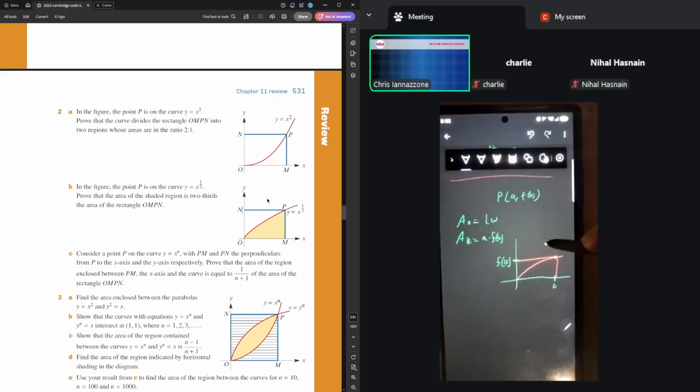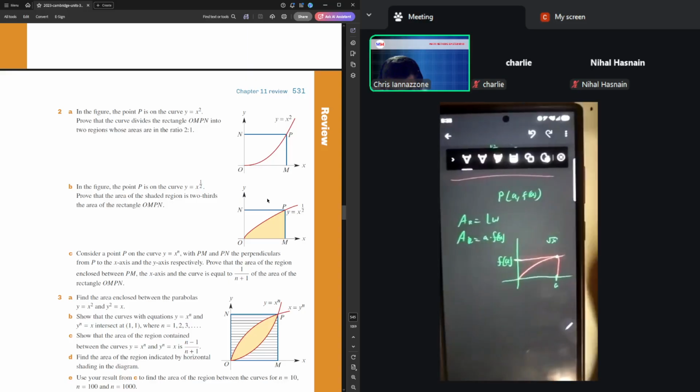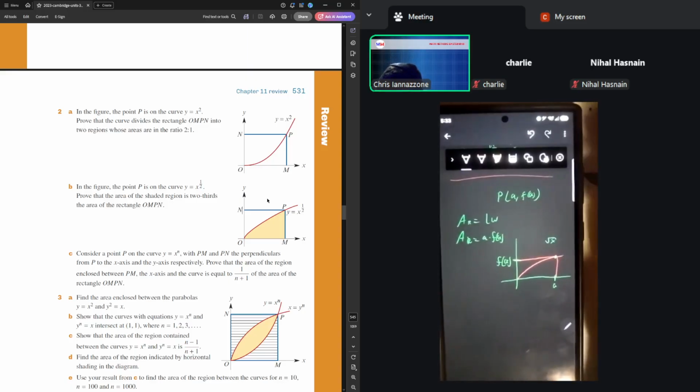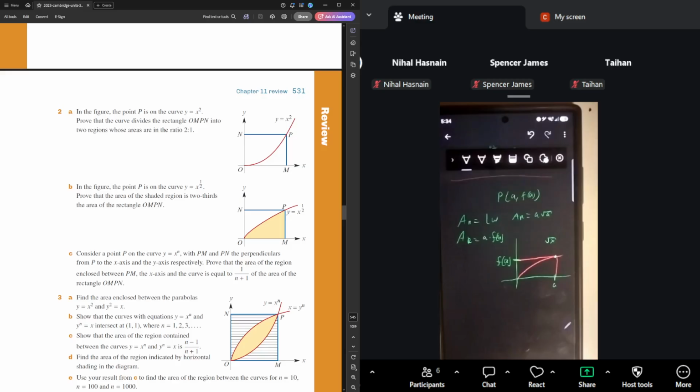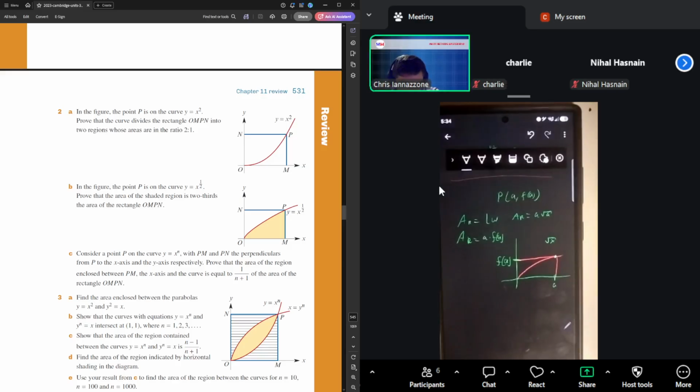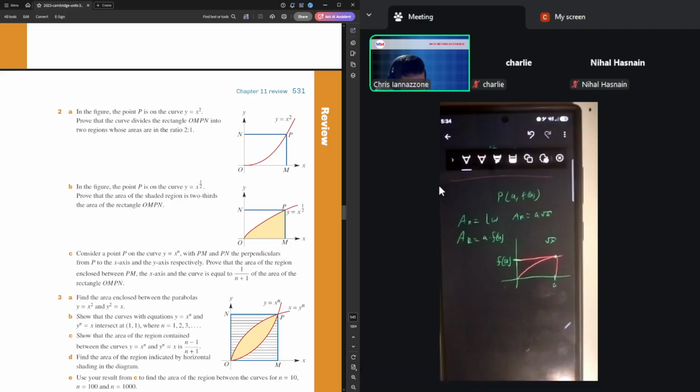Finally, because we know this is the square root of x, or x to the power of a half, we can actually rewrite f of a purely in terms of a as its actual function. So finally, we get the area of the rectangle as a root a. Because if square root of x is the function, then if I shove in x equals a, I'm going to get root a as my y coordinate. That will get us our area formula for the rectangle portion.